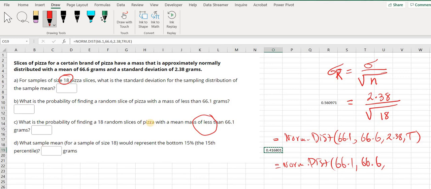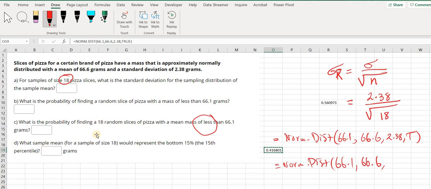Now the difference is going to happen in the standard deviation, because here, what is the probability of finding a sample of size 18 of random pizza slices with a mean less than 66.1. So it asks about selecting a sample with a certain mean.